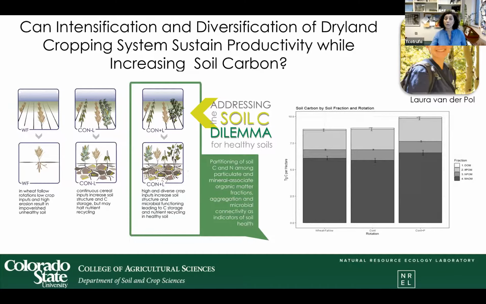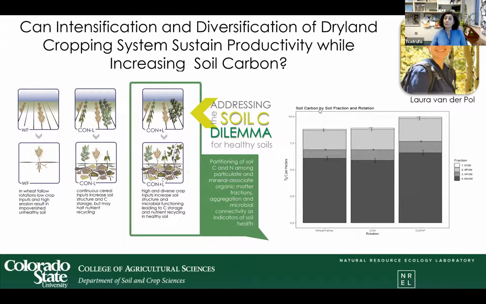But our hypothesis was that by adding a legume in the rotation, you add nitrogen that further stimulates microbial activity, increases the efficiency of microbial transformation of plant inputs, and therefore would result in higher soil health, but also in more MAOM.